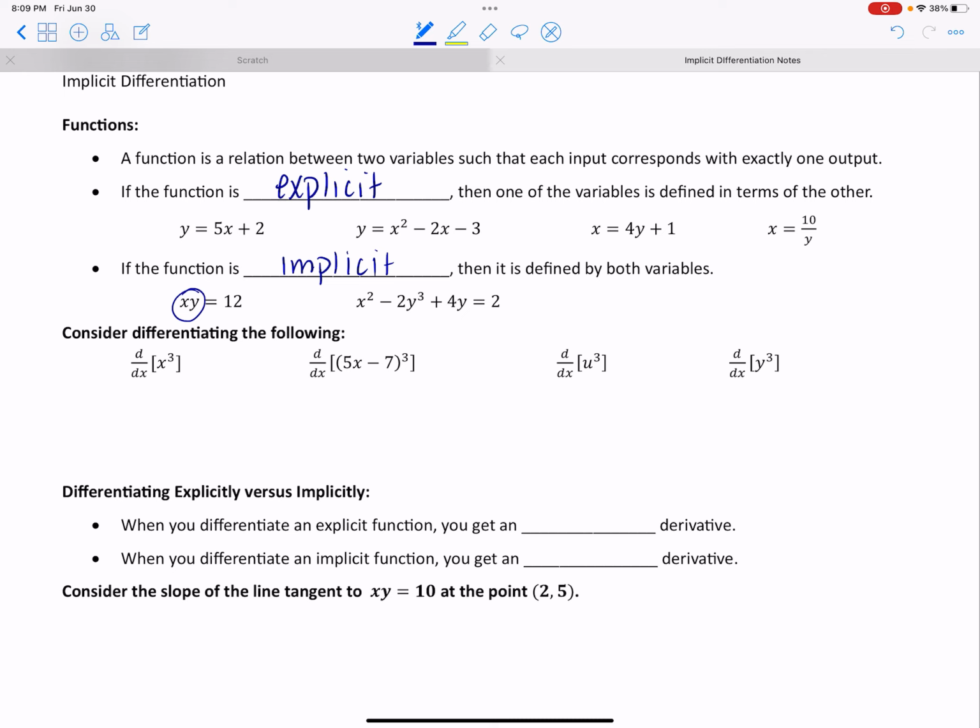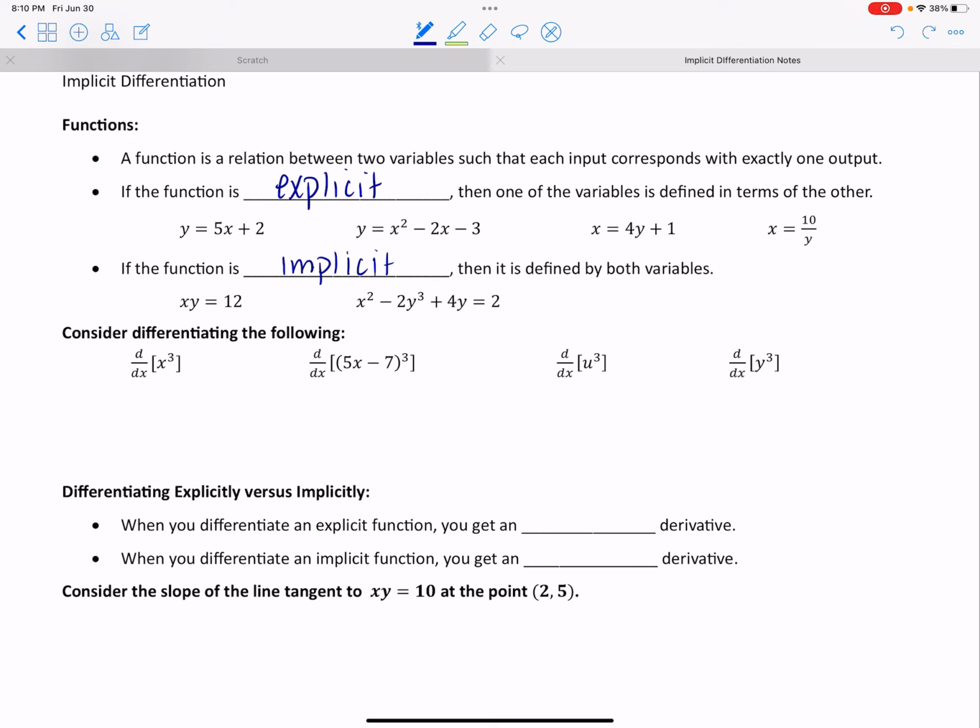So you have x and y together here equal to 12, or x squared, 2y cubed, 4 all together on one side equal to 2. Again, if you have both of the variables together on one or both sides, you don't have one variable defined in terms of another. You have, again, what we call an implicit function, and we need to be able to differentiate implicitly, because it's sometimes not possible to get our function to be explicit.